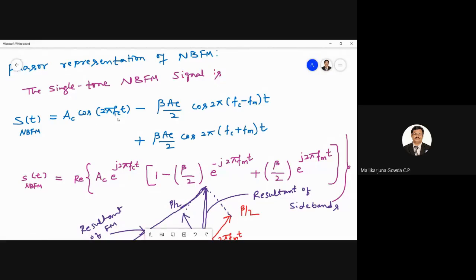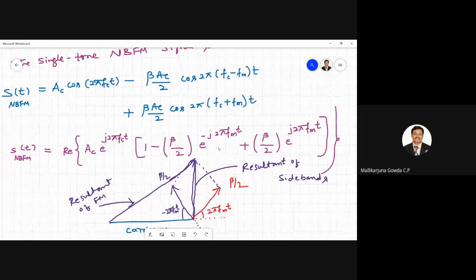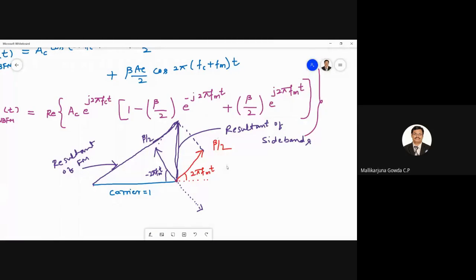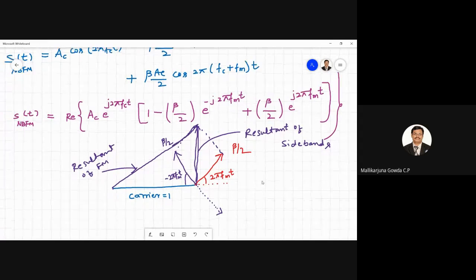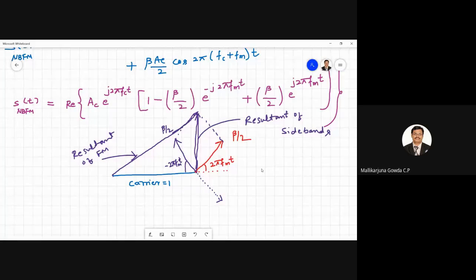Same thing. Cosine of 2 pi fct can be written as e power j 2 pi fct, and this also. I took AC into e power j 2 pi fct as common outside, then the rest of the terms I have written. So here, this is the phasor diagram I wrote for the narrowband FM. Okay, so till this we have discussed in the last class.